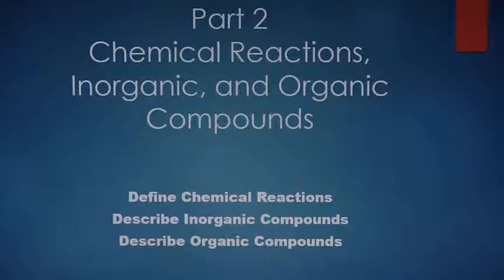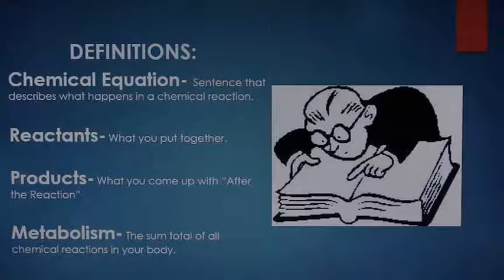In Part 2 of Chapter 2, I will give basic definitions of chemical reactions. I will also explain inorganic compounds and organic compounds. A chemical equation is a statement containing information about reactants being put together, and the product of the equation is the composition or results. Metabolism is basically the result of all the chemical reactions in the body.